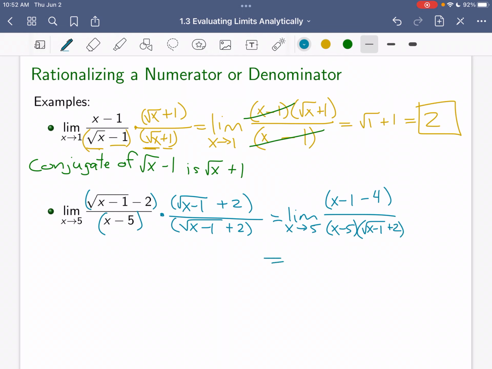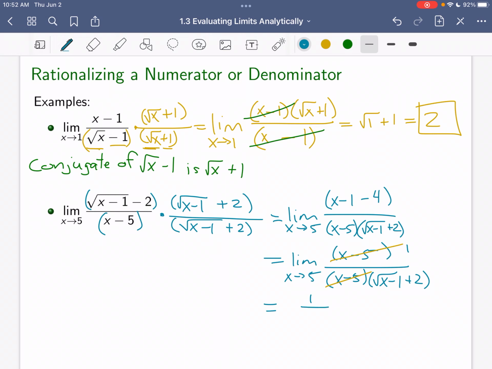X minus 1 minus 4 is simply x minus 5. The x minus 5s will cancel. We're left with just a 1 on top.